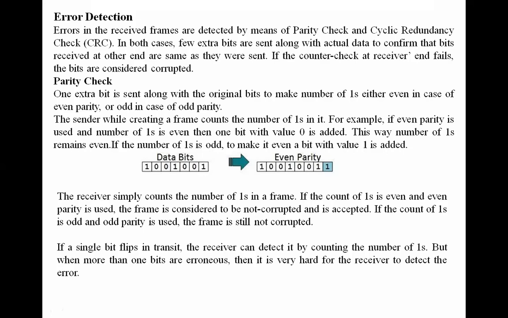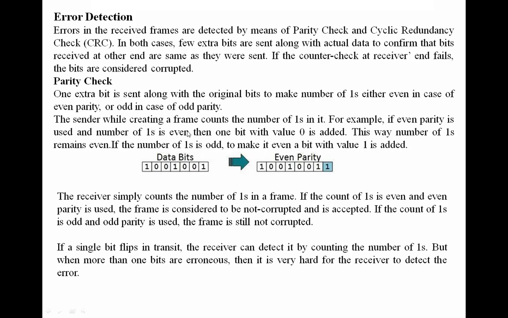If the number of ones in the bits is even, that is even parity. If it is odd, that is odd parity. Remember, very, very important: at the time of interview, they will ask you what is a parity check and how many types of parity check are present to detect the code. One is even parity, the second one is odd parity.